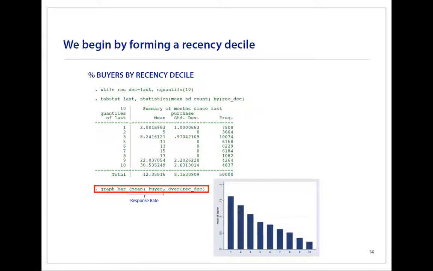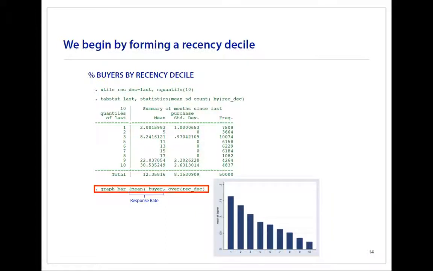It measures the response rate, and the height of the bar is the response rate for each group. Across these groups, we can see the best group, the first group, has the highest response rate. The bar is the tallest. And the worst group, the last group, has the lowest response rate. It's the shortest bar.